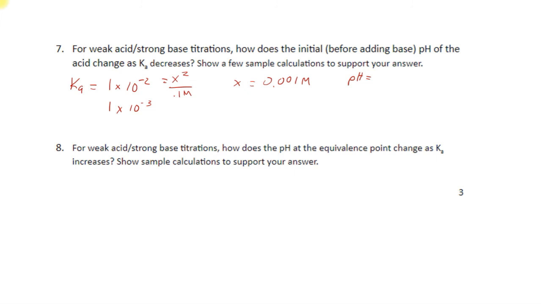And so the negative log of that would be 3. Now, this is a smaller Ka, right? I'm going to solve it with the same initial concentration, so we're consistent. But it's a smaller Ka, so we're decreasing as I go along. Okay.